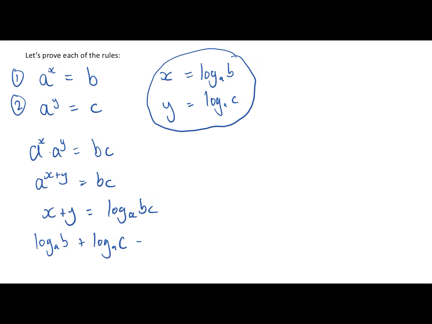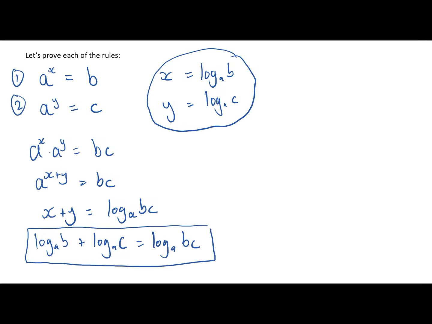But I already know what x and y are equal to. x is equal to log base a of b, and y is log base a of c, so that is equal to log base a of bc. So that is the second rule of logs proved.